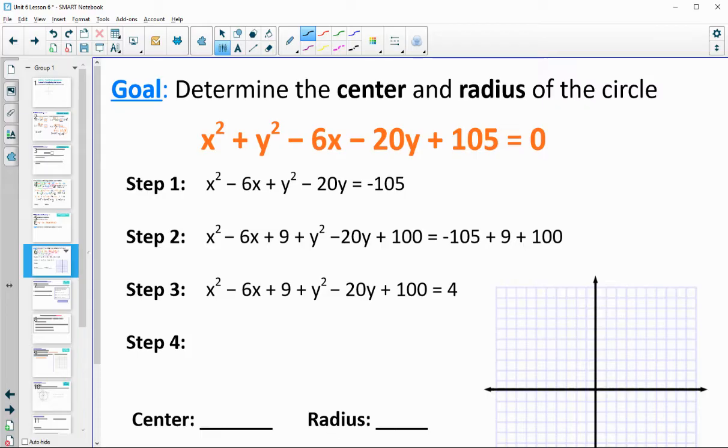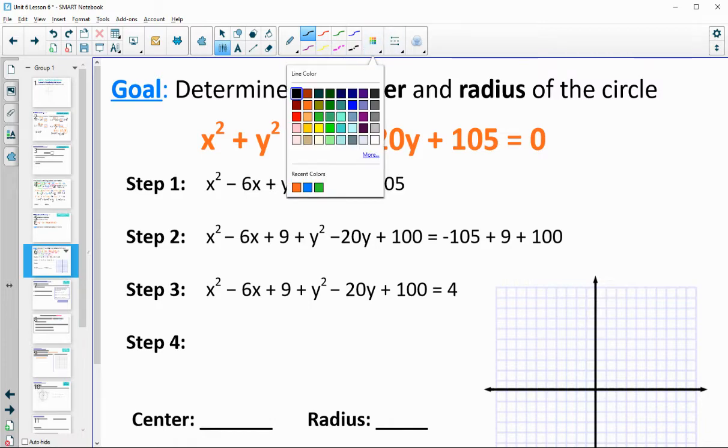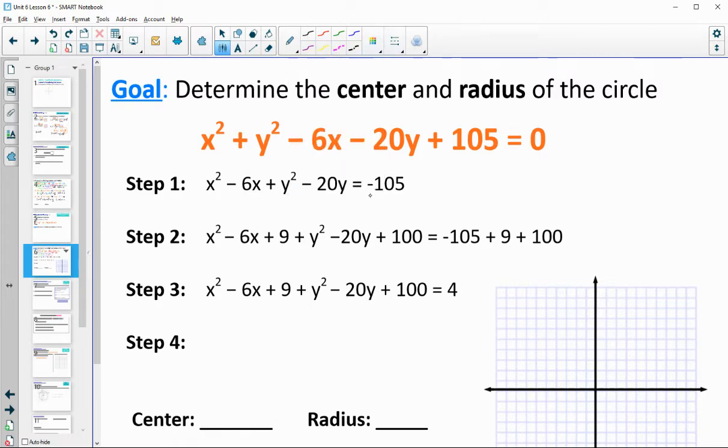All right, so here are the steps in your workbook on page 45. So let's take a look at what Elena did in each step. So for step 1, so the difference is this negative 105. So she actually subtracted the 105 to the other side so that all she had was the variables on this side.